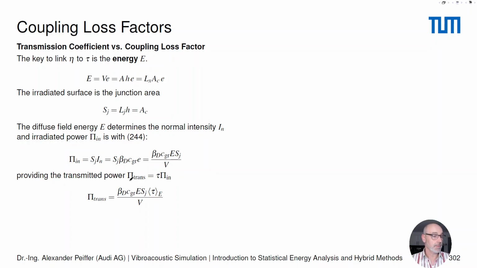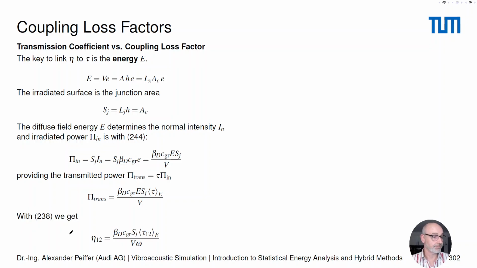So that means, if we provide that the transmitted power is just the transmission factor multiplied by the input power, then we can formulate this relationship. So the transmitted power is just given by the transmission coefficient, and this equation using energy, surface, volume of the subsystem, speed of sound, and this constant that depends on the dimension.